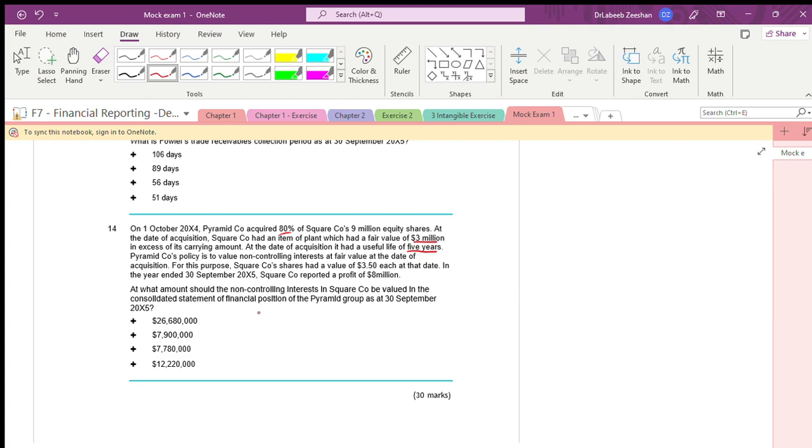Pyramid's policy is to value NCI at fair value at the date of acquisition. For this purpose, Square's shares were valued at 3.50 each on that date. At the year end, Square reported a profit of 8 million.